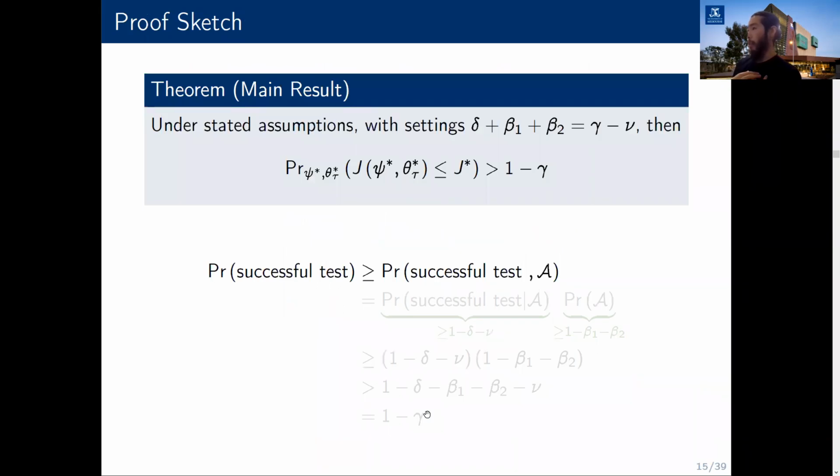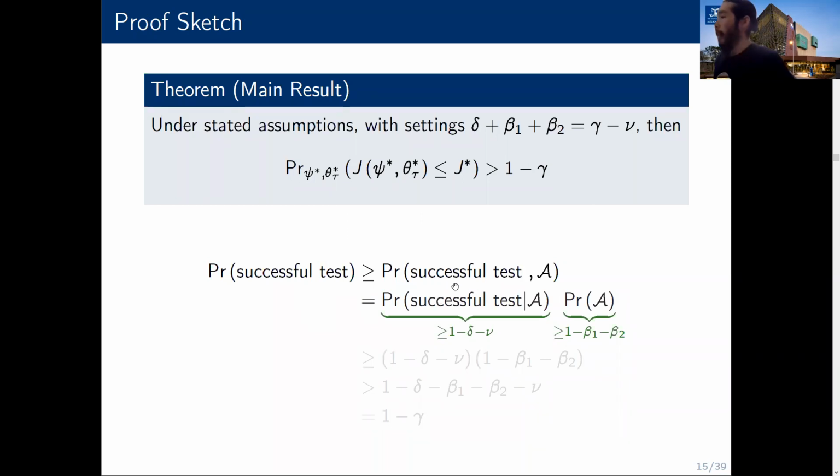And so in terms of the rough idea behind the proof of this result, first of all, we can just write this probability here as the probability of a successful test. And then we'll introduce this auxiliary event calligraphic A, which we can then factor out into two probabilities.